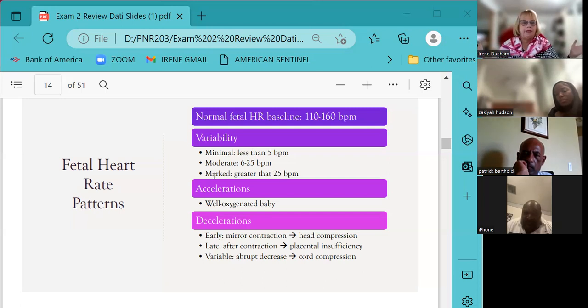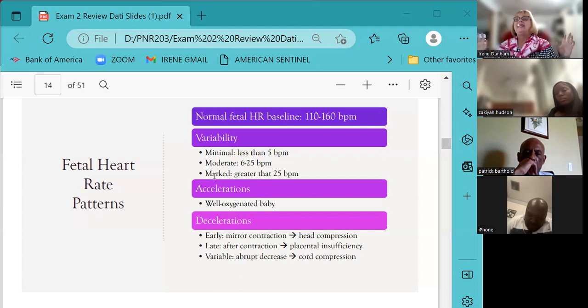The fetal heart rate would be like 180 with all this marked variability. It's just all over the place. And then baby crashes. It's very difficult to see, but that's what happens. So that's variability. If you look in your book, HESI has really good strips and you can see the variability, those squiggly lines.